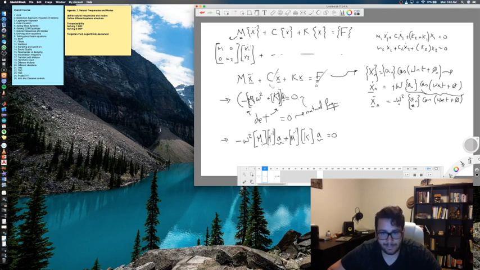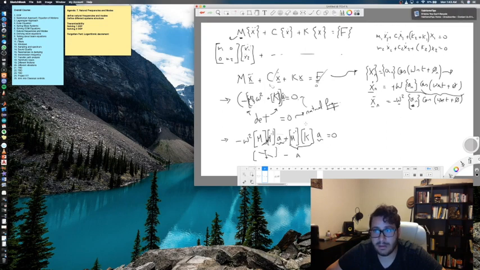And when that happens, a matrix by its inverse gives you the identity matrix. And then you're going to have that term here, which you can call A. A matrix by its inverse multiplied by a vector will give us a vector.